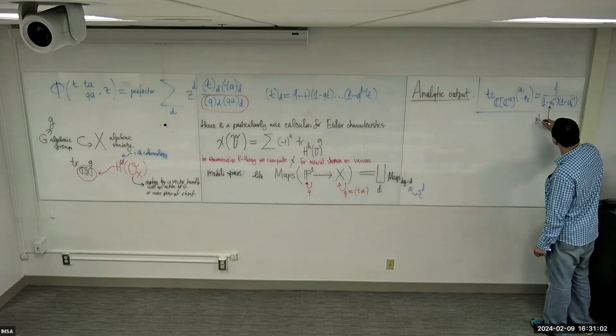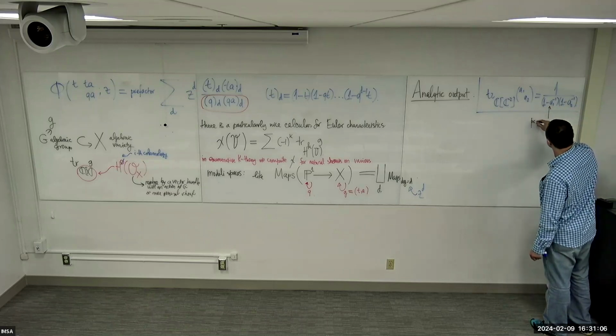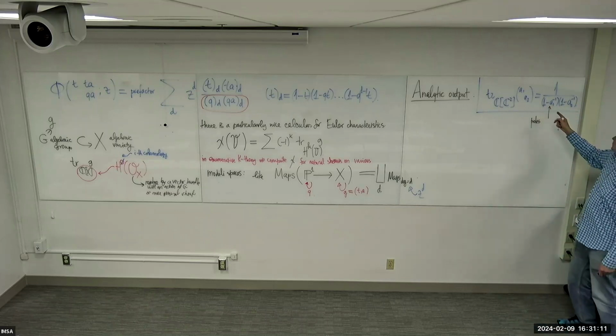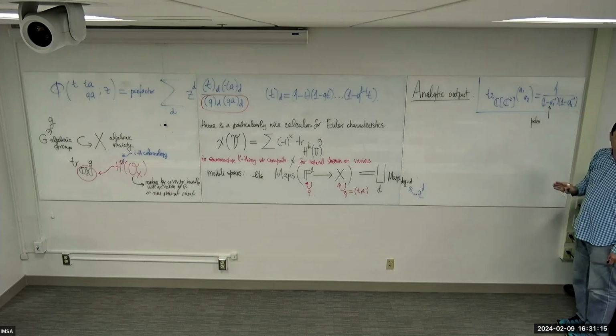Where does it have poles? It has poles when one of A1 or A2 is equal to 1.